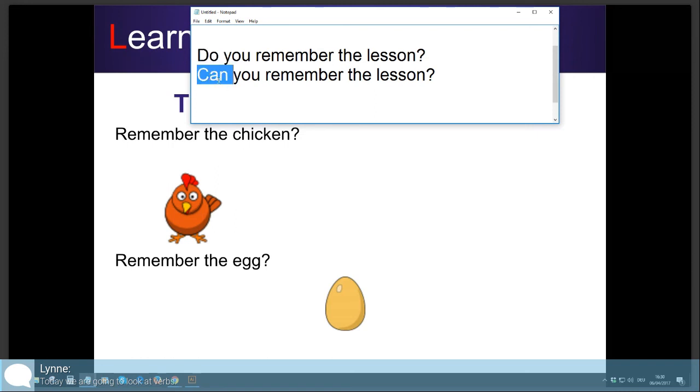This is a special kind of verb. We will do more on these kinds of verbs in the future. So, remember the chicken? Do you remember the chicken? Remember the egg? Do you remember the egg? It means you know something, but you need to recall it. You need to remember it. One of the keys to learning English is to remember.